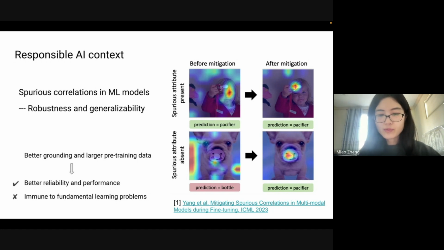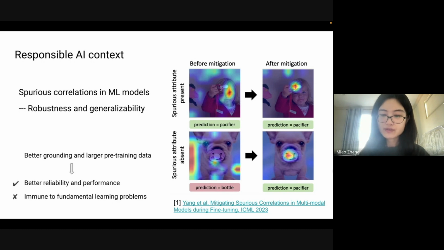And in this work, we only focus on the spurious correlation problem, where two features often co-occur or never co-occur together. So the model naturally builds a connection between them, and that connection is not robust or generalizable to unseen or real-world data.